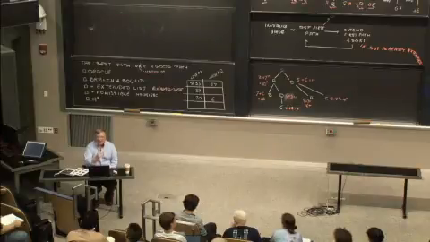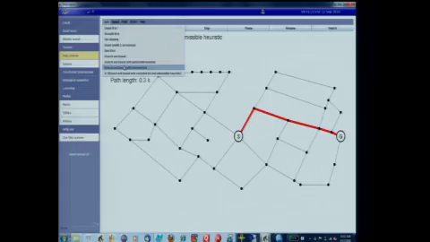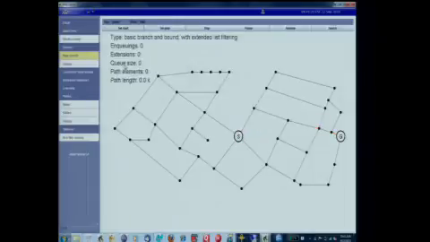Because it has no idea of the remaining distance, airline distance to the goal. So let's see if that's true. Well, it sure is. Look at that. It is foolishly spending a lot of its time doing something we would never do, namely looking over there on the left side.